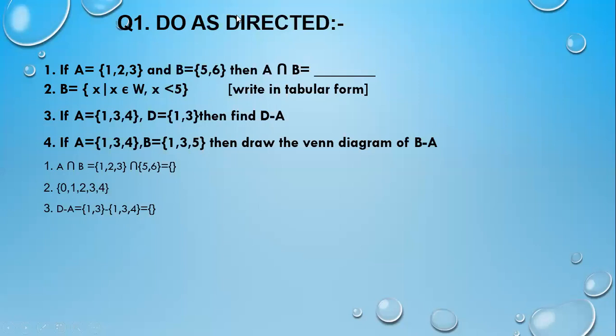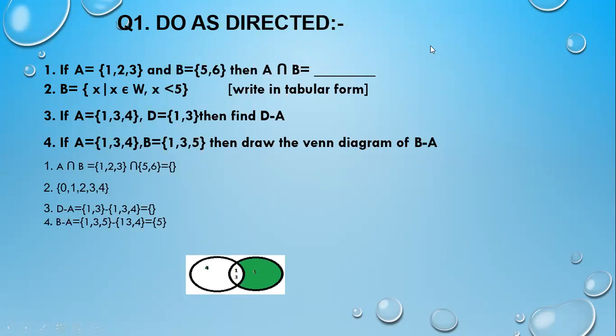Everybody, please share your answer quickly. Ahad, please look at the solution carefully. Here, when we cut the common elements, nothing will be left. Okay, now what about bit number 4? So bit number 4, the answer is 5. And how can we draw the Venn diagram? Check your Venn diagram.